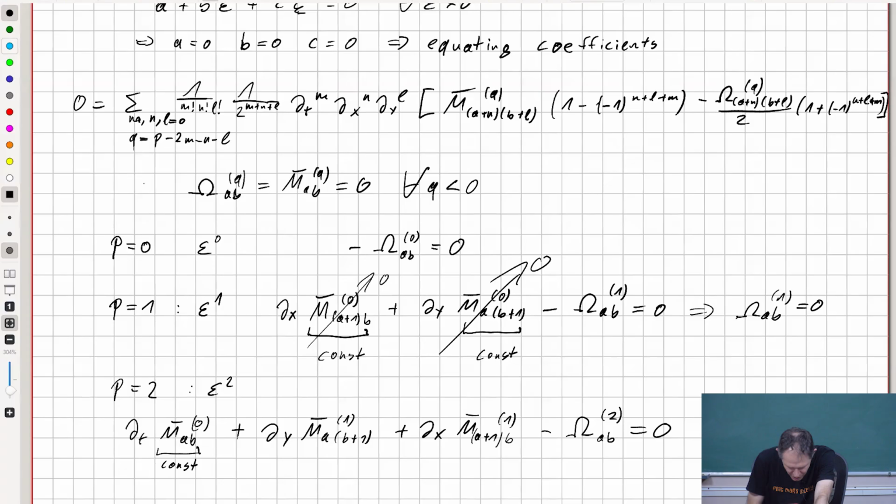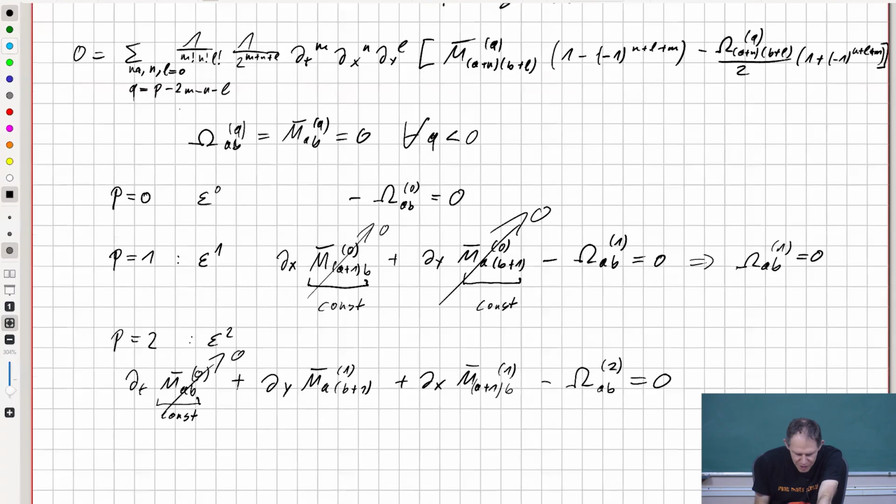So what we observe, even though this guy here is 0, is that the omega AB to second order itself is independent of the time, but it's not independent of the space, and so it's not 0. So we want to solve an equation that is dependent on time. We still have to go on and say that p equals 3, meaning we are going to epsilon to the third order.